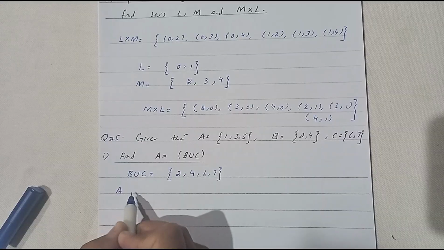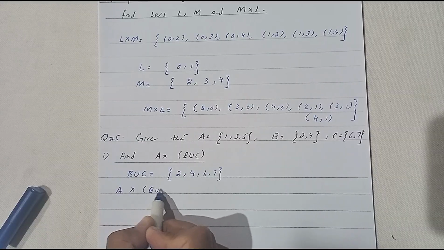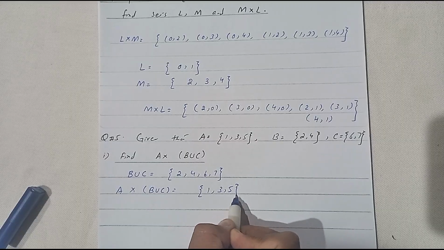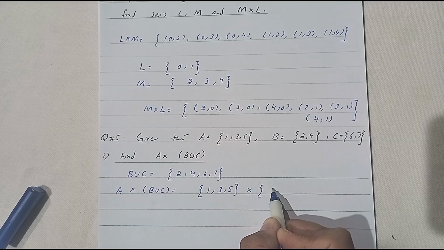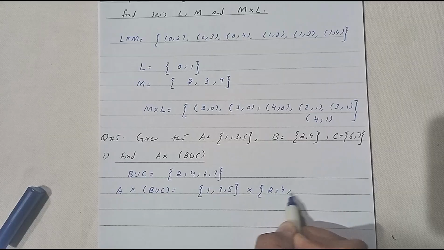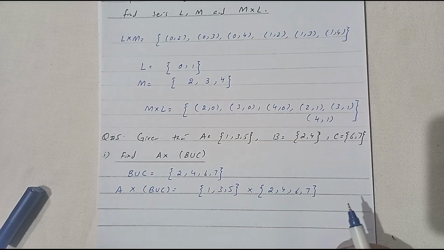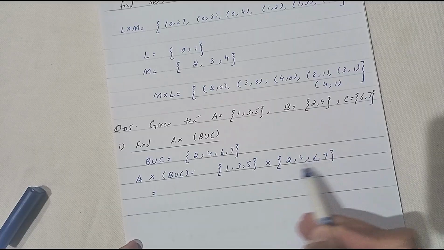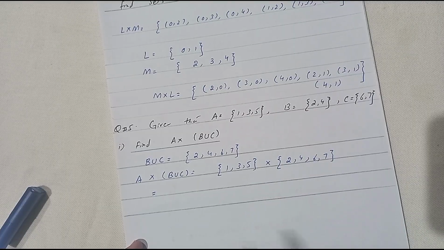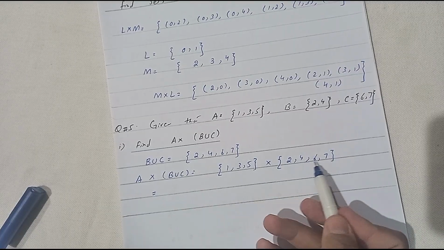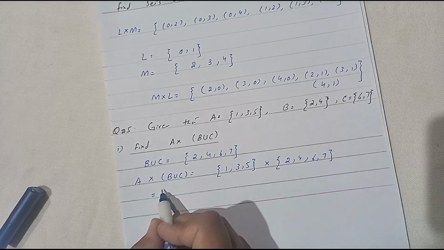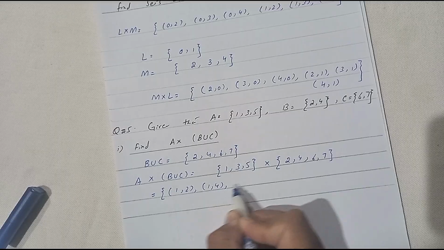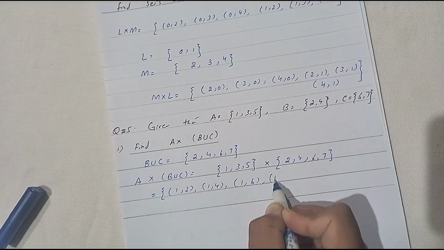Now the cross product of A with B union C equals: write the elements of A, 1, 3, 5, with the elements of B union C, 2, 4, 6, 7. So in a cross product we make pairs of the first element with all the elements of the second set, and then the second and third. So first we make pairs of 1 with all elements of B union C. It is 1,2; 1,4; 1,6; 1,7.